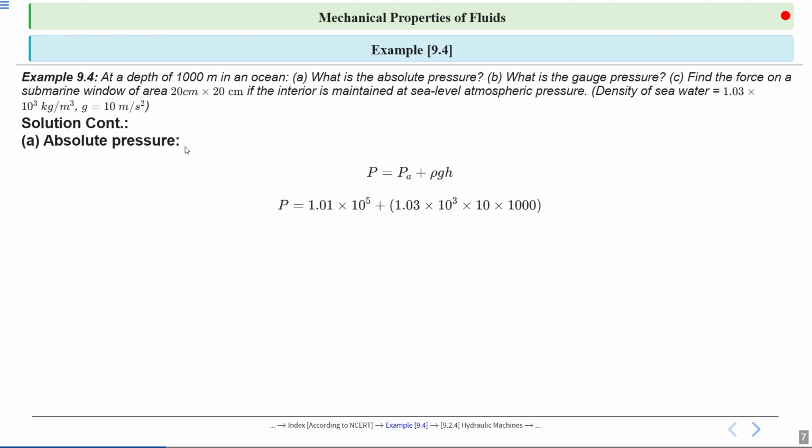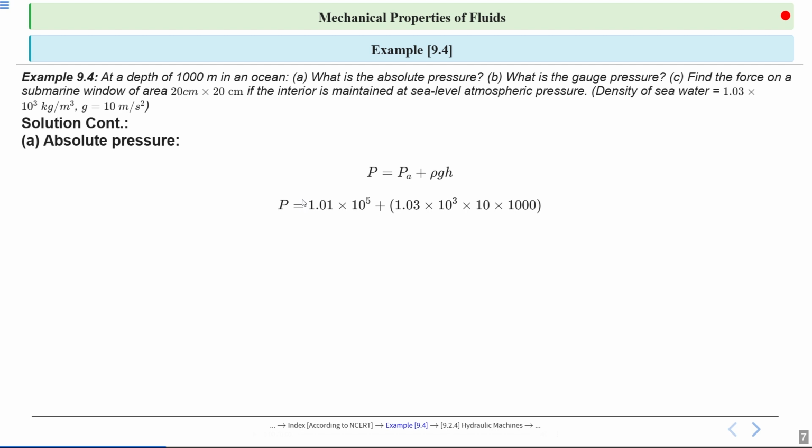So substitute the known values into the formula. So we have P equal to 1.01 into 10 raised to the power 5 plus 1.03 into 10 raised to the power 3 into 10 into 1000. Alright.